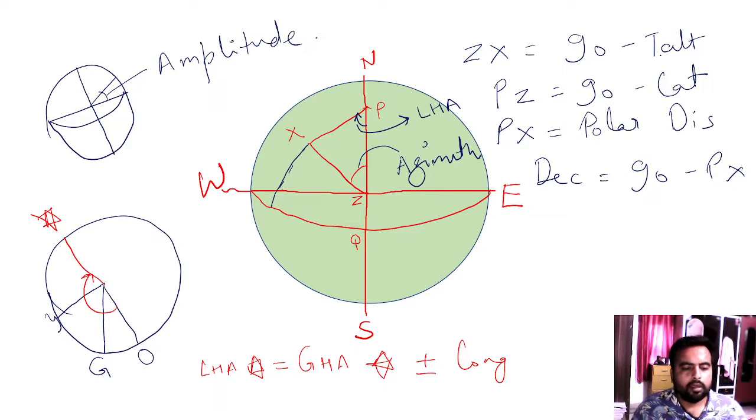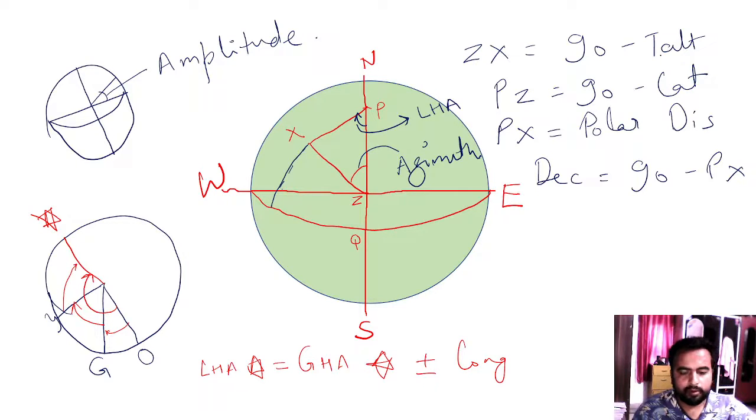Same thing if we have GHA Aries, like GHA Aries over here. Longitude we already have, and this thing is SHA star, from Aries to the star.